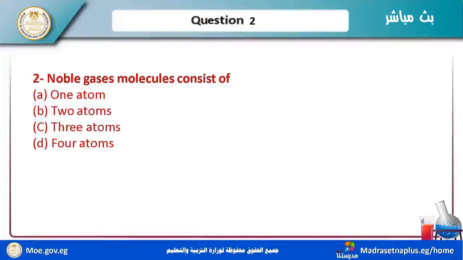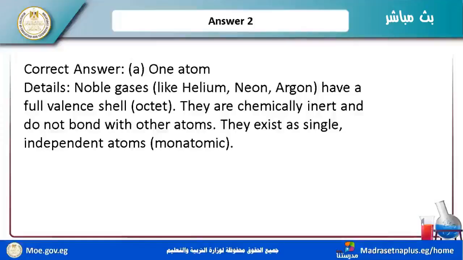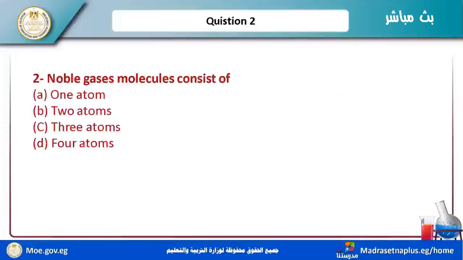Chemical reactions need sharing of electrons, and need active elements. The noble gas doesn't share because the number of electrons in its outermost energy level is equal to 8. So the correct answer is A, 1 atom.